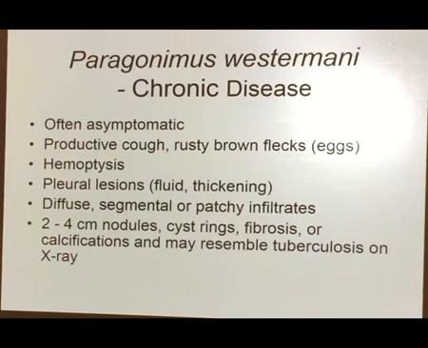There may be blood in their sputum, and there may be thickening of the pleura and presence of pleural effusion. And on X-ray, you see changes that look very much like tuberculosis. Okay, patchy infiltrates, nodules, and so on.